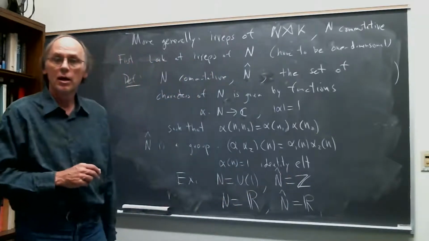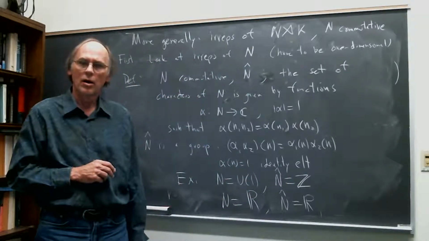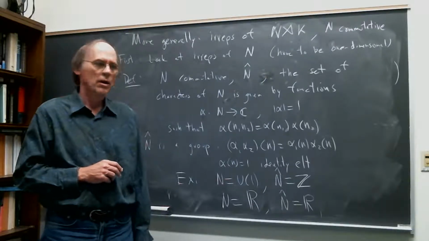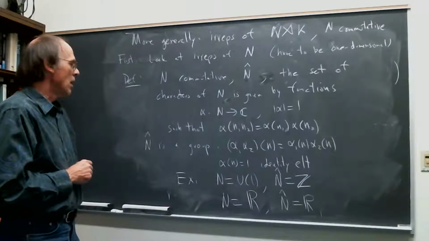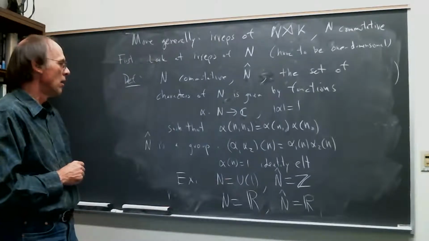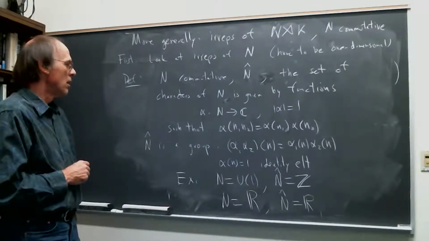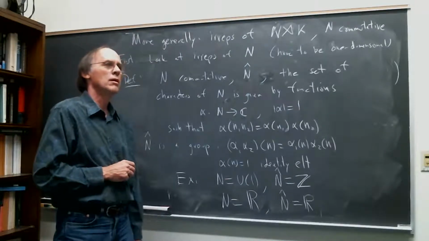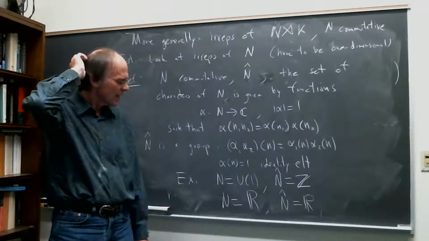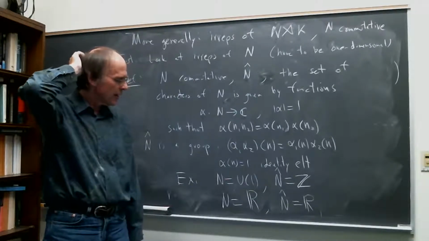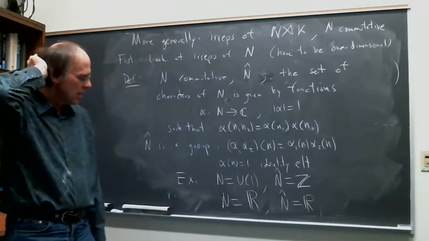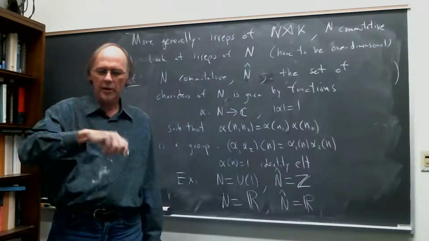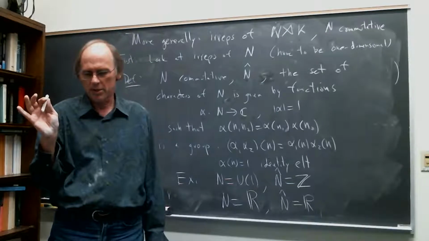How is the character here related to the previous definition of the character of representations, which is the trace of the matrix? Yeah, it's a somewhat different use of the word.